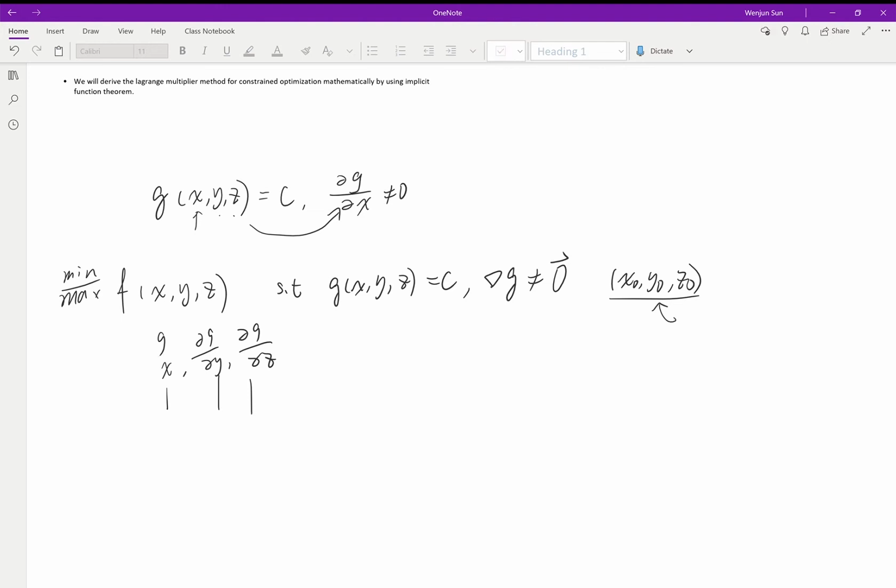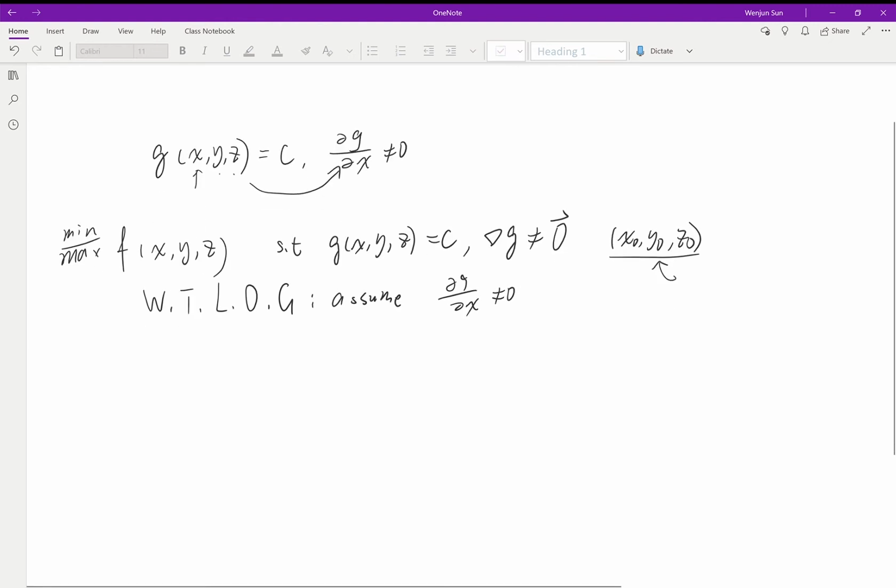So one of them is non-zero. Without loss of generality, assume that del g over del x is not equal to 0, at this point. We're deriving this at a specific point, but I'm just going to use the symbol x here.